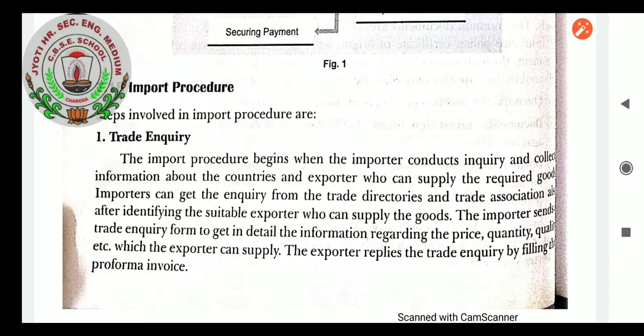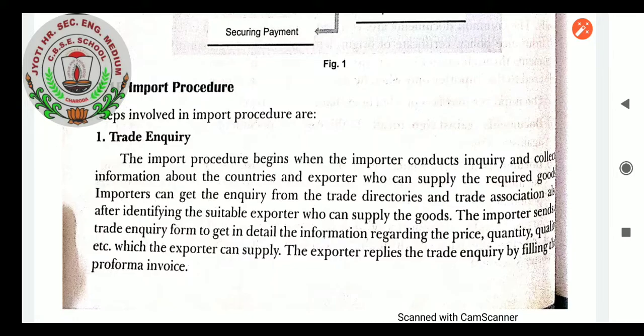Very first, trade inquiry. The import procedure begins when the importer conducts inquiry and collects information about the countries and the exporter who can supply the required goods. The importer can get the information from trade directories and trade associations also. After identifying the suitable exporter, the importer sends the trade inquiry form to get details regarding the price, quantity, quality, etc., which the exporter can supply.